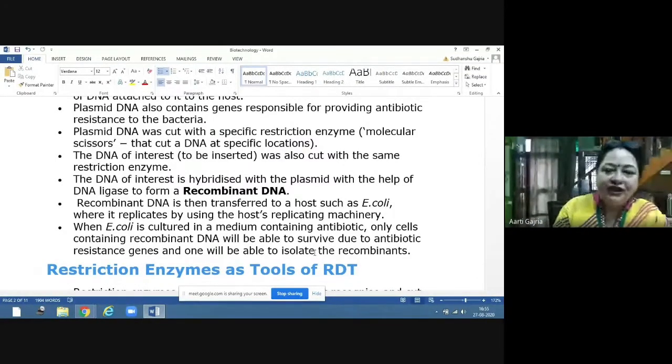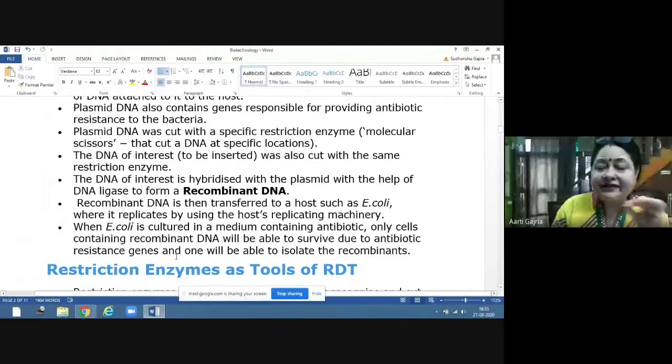So when E. coli is cultured in a medium containing antibiotic, only cells containing recombinant DNA will survive due to antibiotic resistance genes, and one will be able to isolate them. We will learn that these are selectable markers. By that we can separate the recombinant DNA from the non-recombinant DNA. So this is how they are separated.